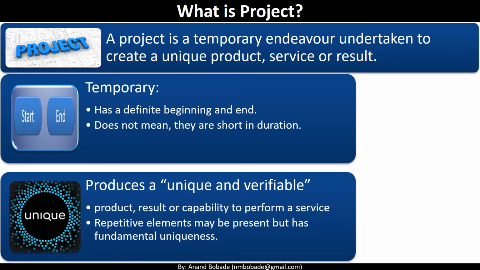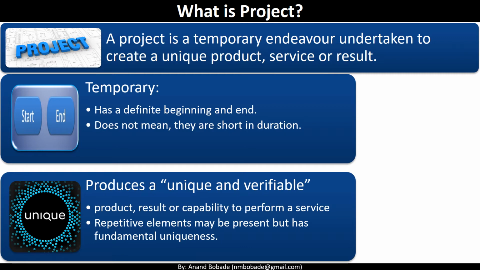Project produces a unique and verifiable outcome. This outcome might be a product, result, or a capability to perform a service. Product may have repetitive elements, but fundamentally every output is unique. Think about constructing row houses.